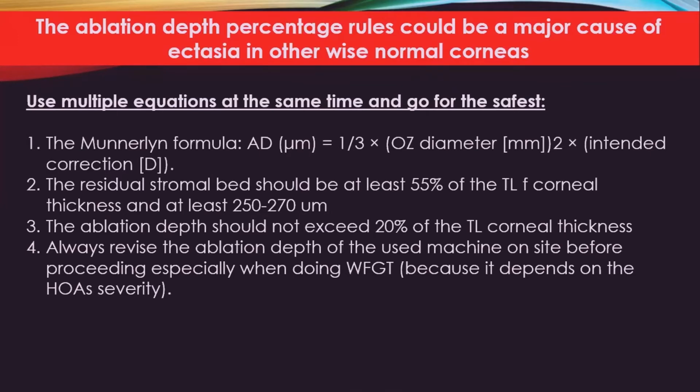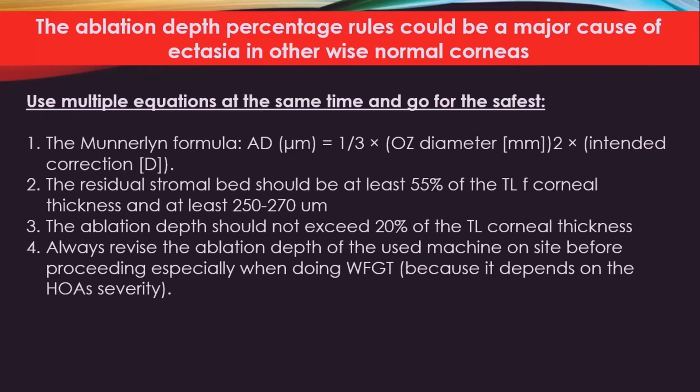Then I have to use another equation. The residual stromal bed should be at least 55% of the thinnest location of the cornea, which means from 250 to 170, maybe up to 300. And the ablation depth should not exceed 20% of the thinnest location of the corneal thickness. This will yield another number.